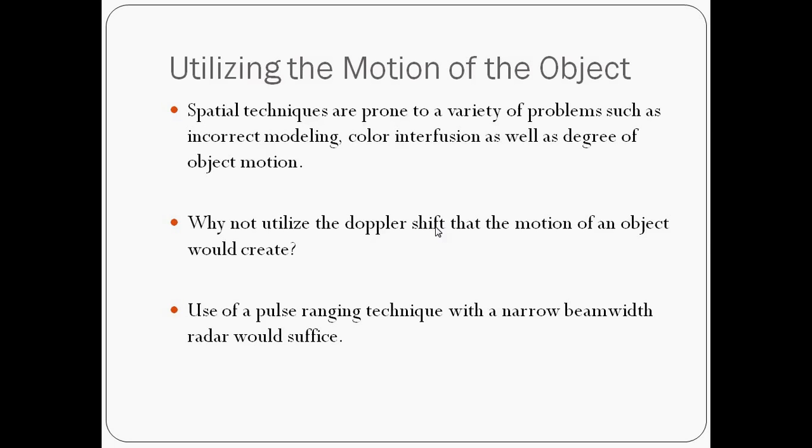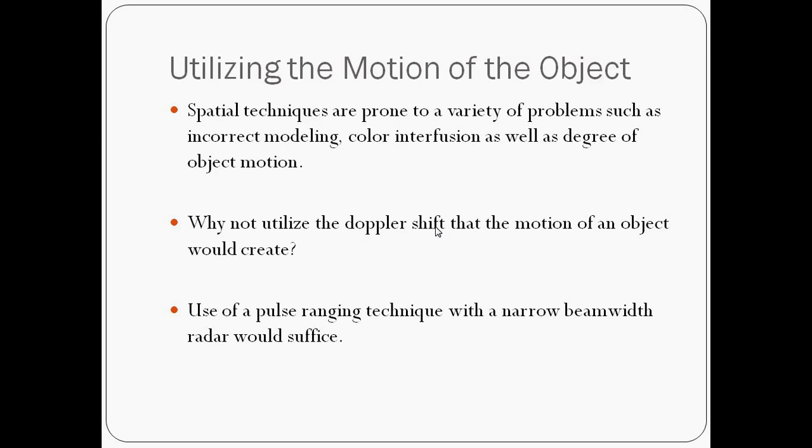Any object which is observing the moving object, if it's sending out some kind of wave, the observer will experience a Doppler shift. And so in this algorithm, I try to utilize that property, and a pulse ranging technique with a narrow beam width radar would suffice our needs.